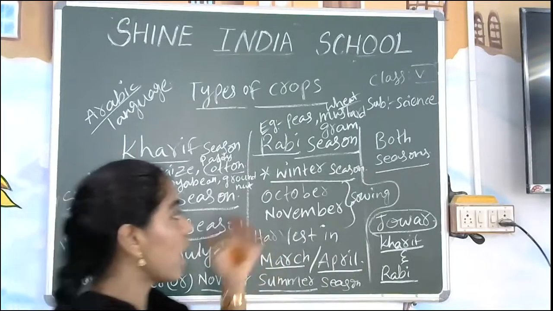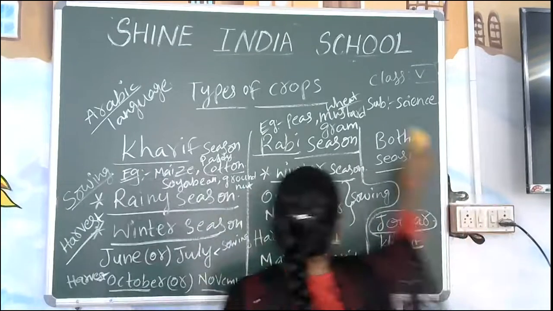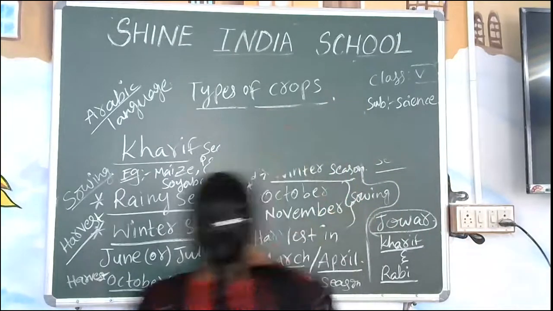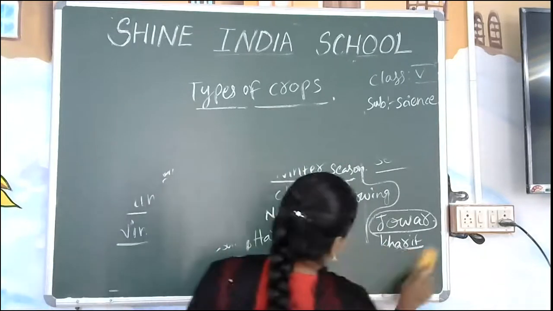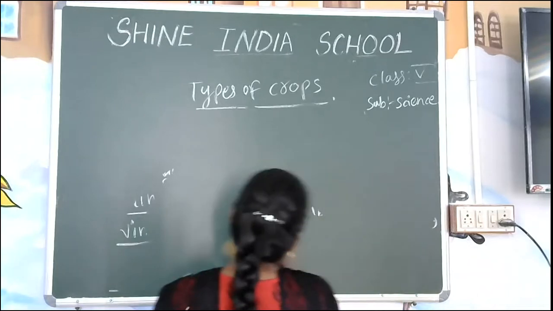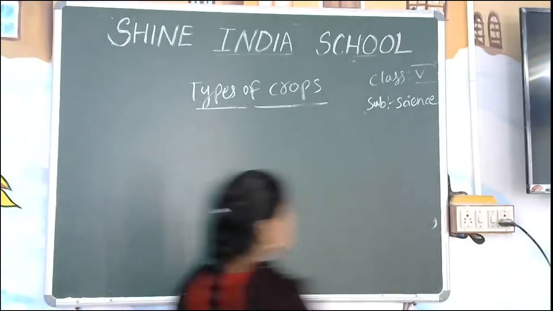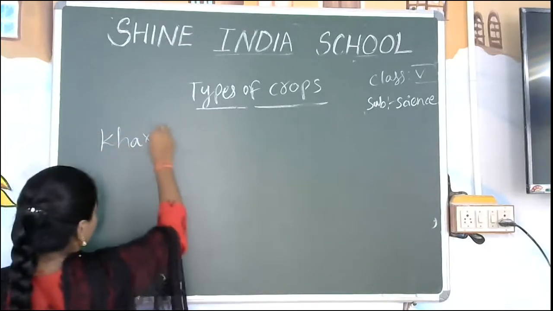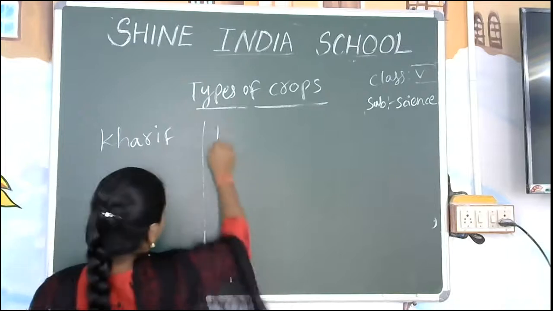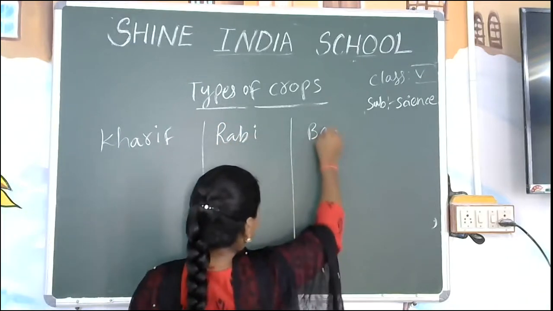Now we have discussed the different types of crops. Kharif, Rabi, both.